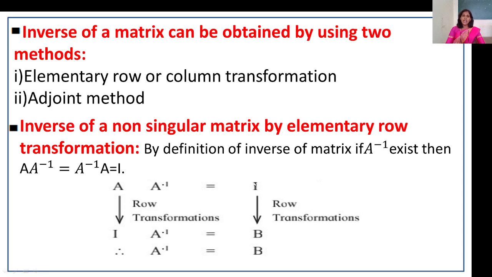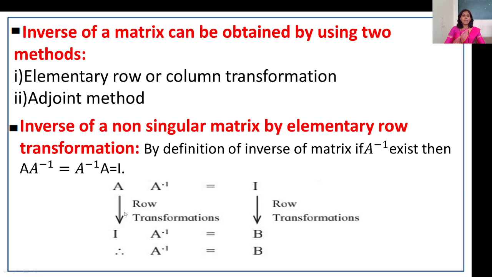So we will get identity matrix into B, that is, identity matrix into A inverse, which means A inverse is equal to B. In this way, we find the inverse of a matrix by elementary row transformation.